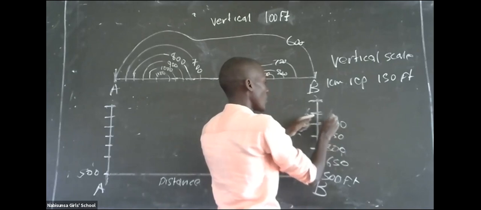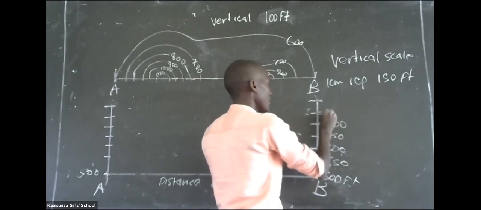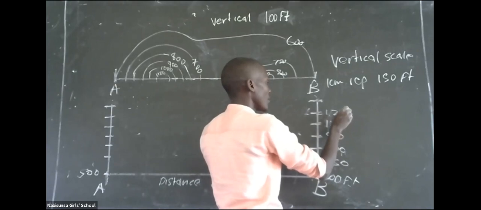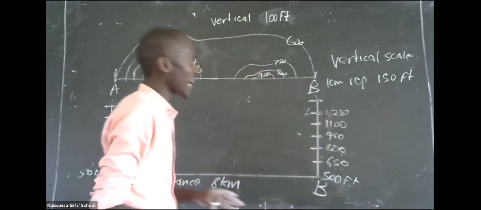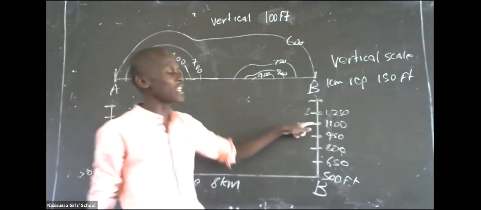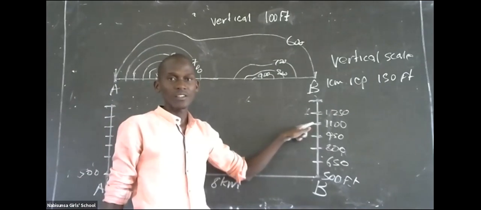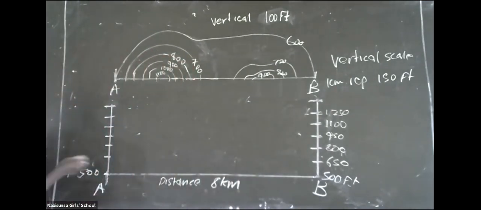Then here I'm going to get 1,000. Now, even if you end here, don't you see that already our tallest amount is represented? So you do it on left and on right.